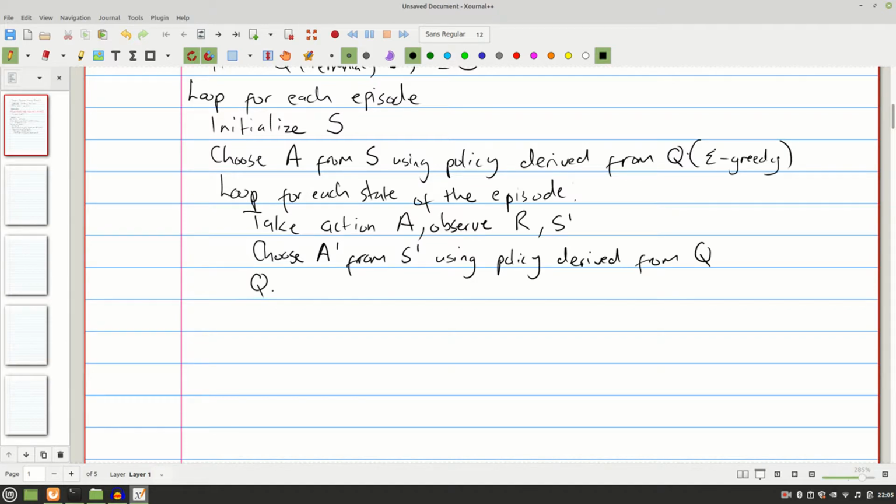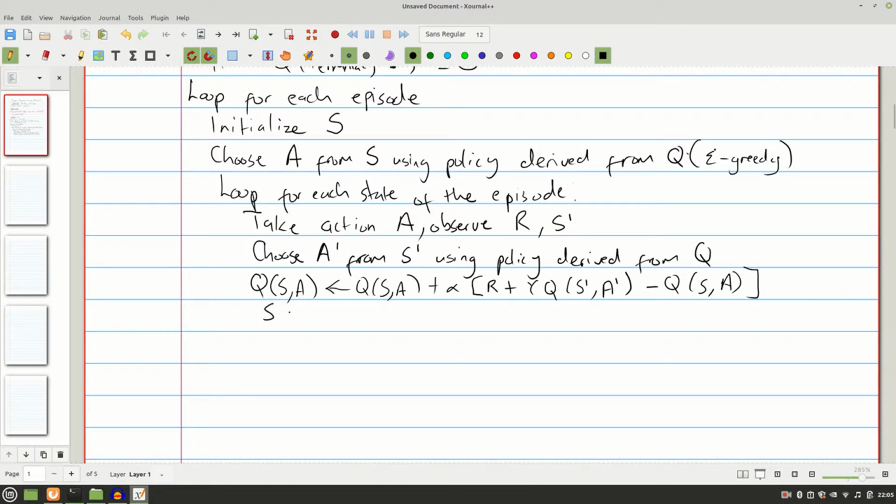And this we do in the next step, which is just saying Q(S, A) is updated to become Q(S, A) plus alpha times, this is the same equation we had before, the reward we get plus gamma Q(S prime, A prime) minus Q(S, A).